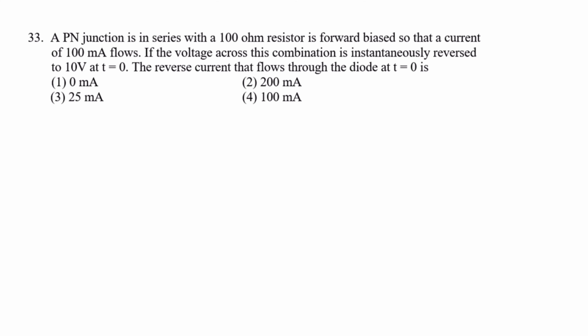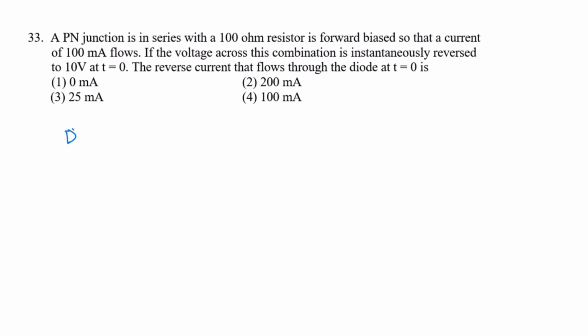A PN junction in series with 100 ohm resistor is forward biased so that current of 100 milliampere flows. If the voltage across this combination is instantaneously reversed to 10 volts at t equal to 0, find the reverse current flowing through the diode at t equal to 0. For t less than 0, the circuit is like this.